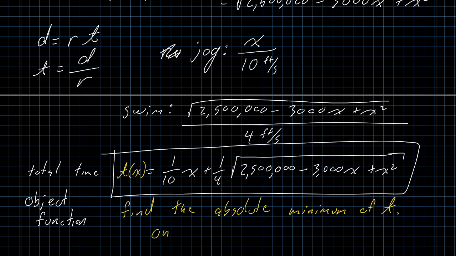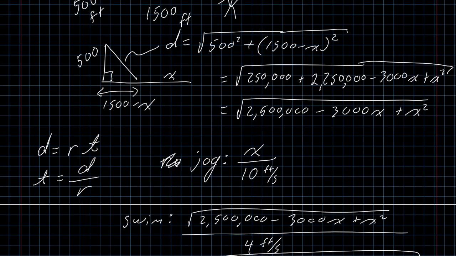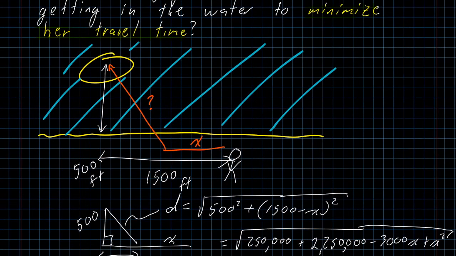Well, going back to our picture, if I scroll up a little bit here to the picture I have, I made an implicit assumption here that I think is fair. Our beachgoer is going to run along the sand. They might choose to not jog along the sand at all and immediately get in the water and make the direct swim across.